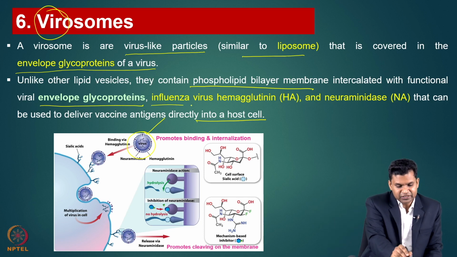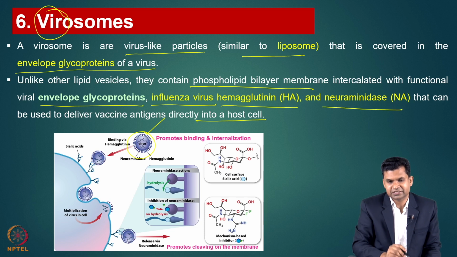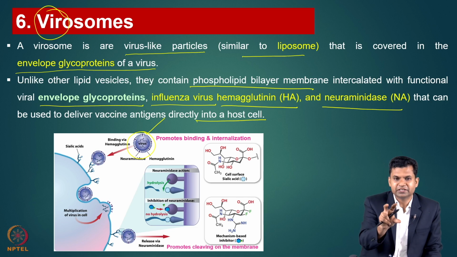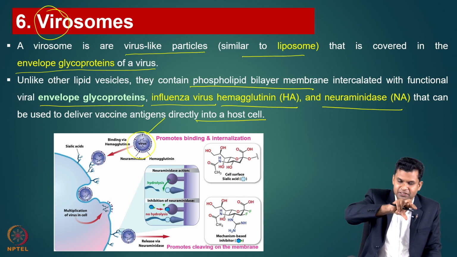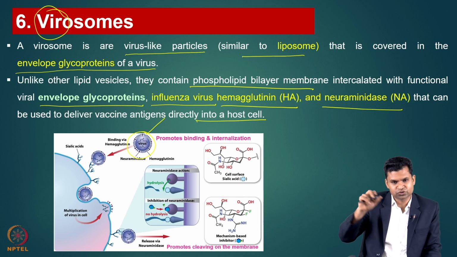Here is the influenza virus, which contains hemagglutinin as one glycoprotein, and it contains another enzyme called neuraminidase. Both help in conjugating, or you can say binding, on the surface of the cell, and neuraminidase helps in cleaving from the host cell after replication.